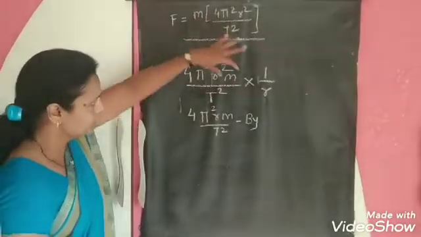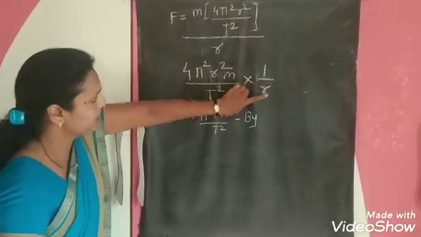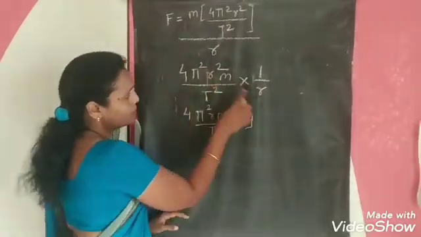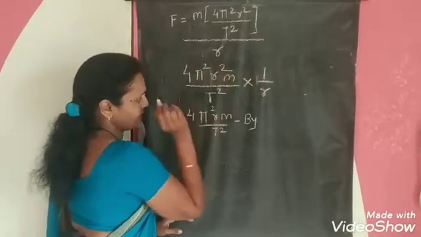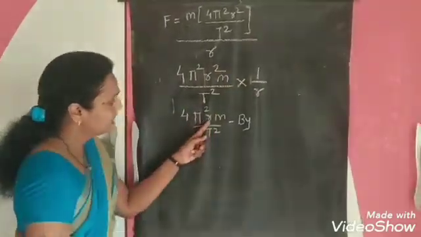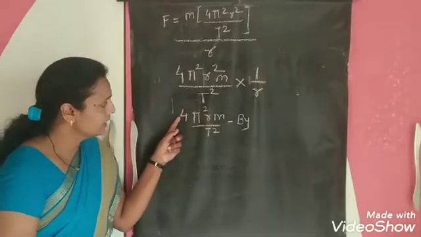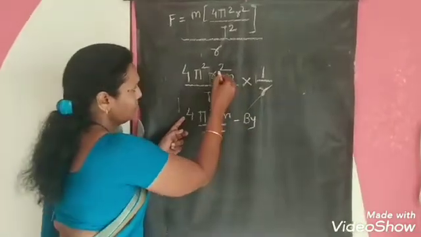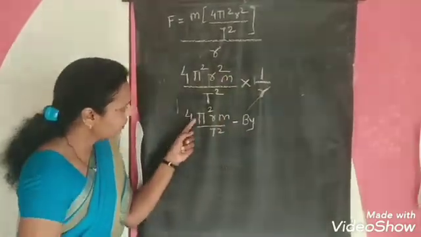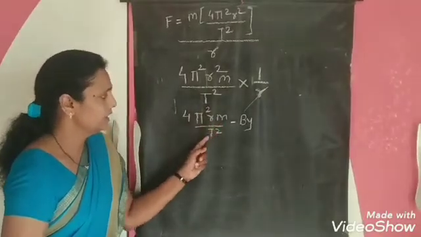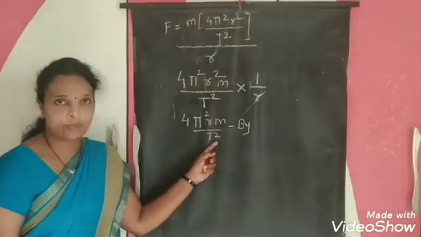Now all of you know, here is 1 r and here 2 r. 1 r will be cancelled and 1 r remains. Then 4 pi square r m divided by t square.